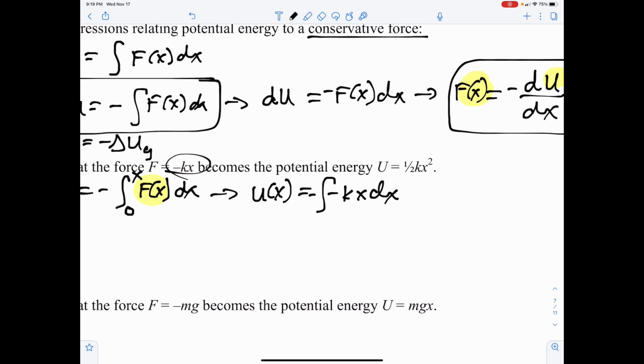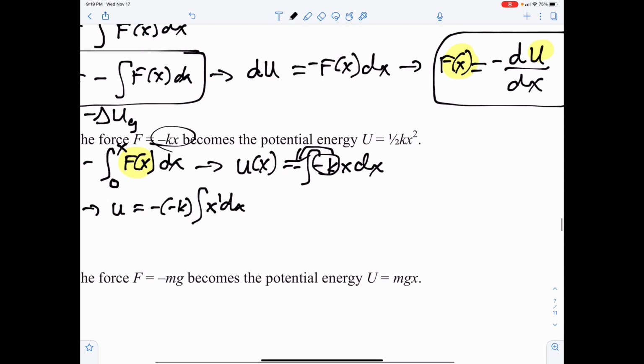Okay, so now k is a constant, so we can bring it outside. The U of x function, which at this point we'll just call U, is equal to negative times negative k times the integral of x dx. Now keep in mind that's x to the first power, so those negatives are going to cancel. That's going to be k times, from 0 to x, x to the second power over 2.